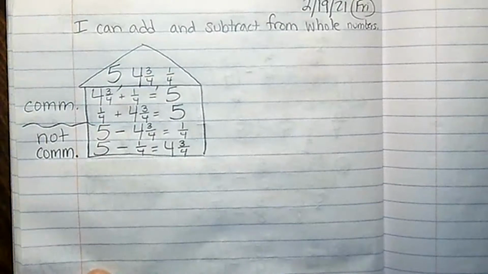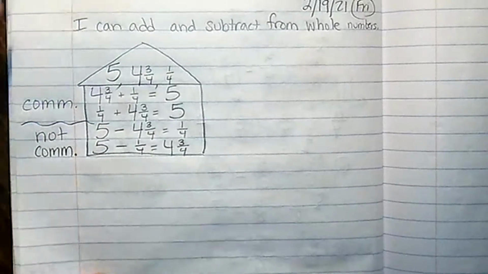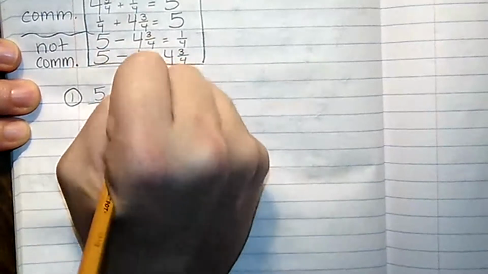All right. So let's review with one from yesterday, and then we'll get started with whole number work today. So yesterday we were practicing adding and subtracting numbers. And then sometimes we had to rename them if they were improper. So let's start with one like 5/4 plus 2/4 equals 7/4.